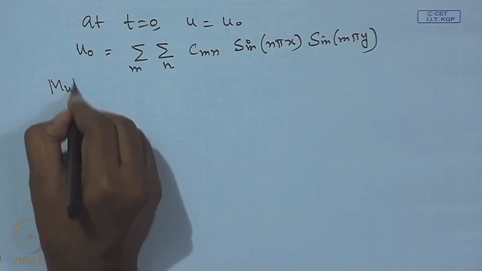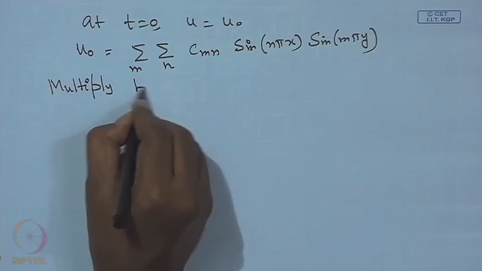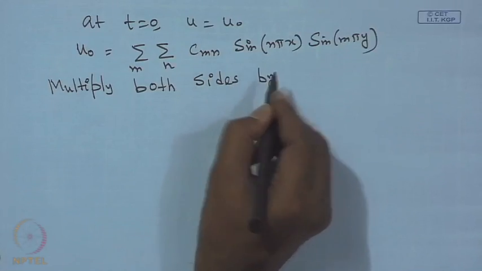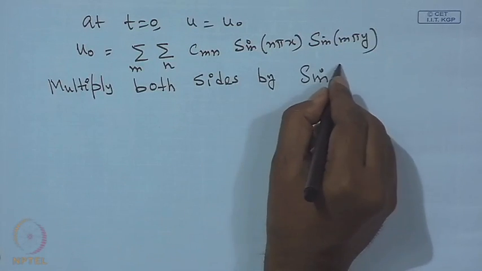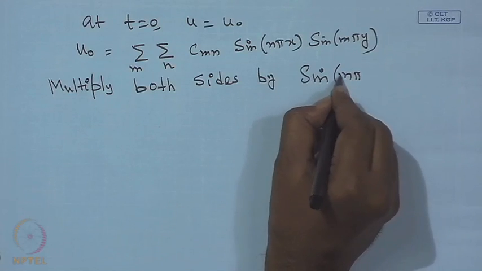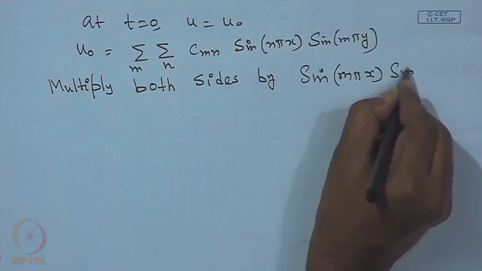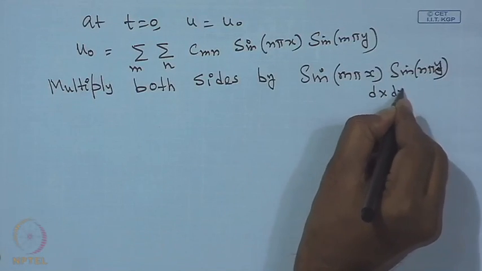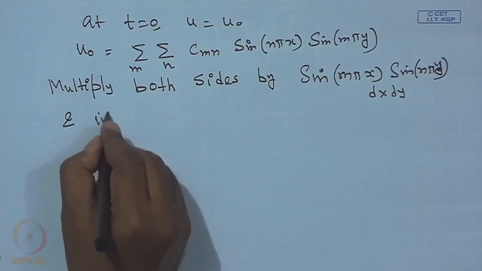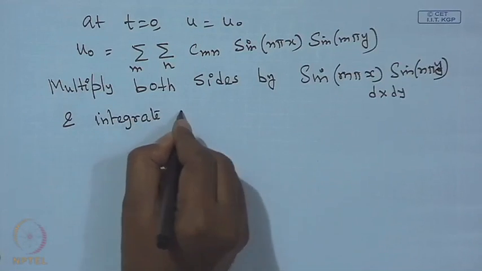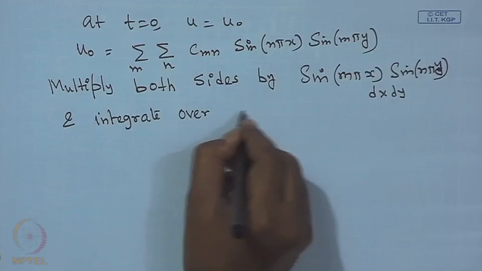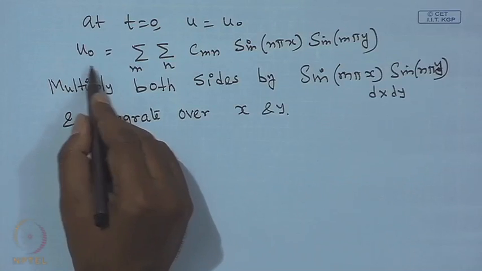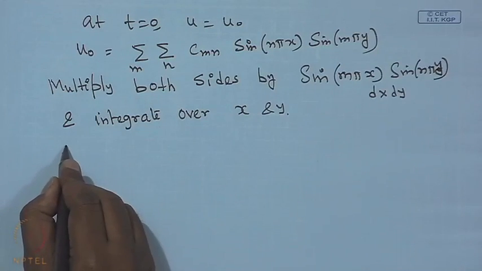So, multiply both sides by sin m pi x sin n pi y dx dy and integrate over x and y. If you do that, since u naught is a known function, it is a constant.